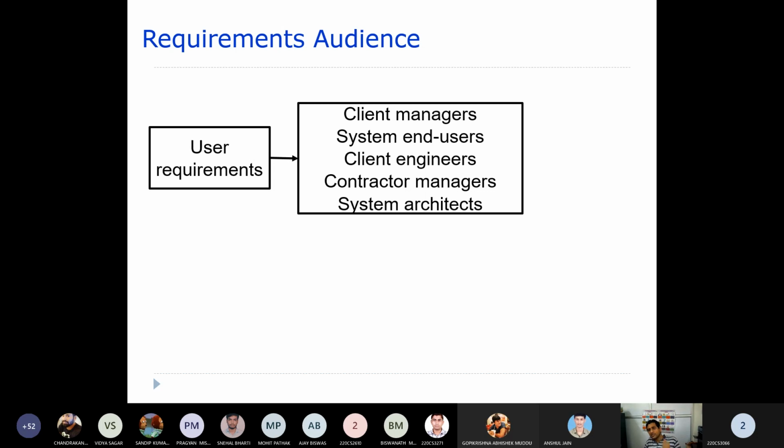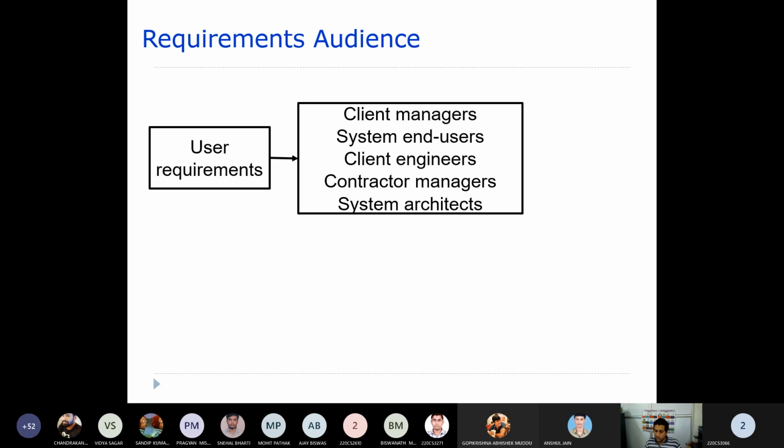System end users, because they are the ones who are going to use that software. Also the client engineers who are involved in this project from the client side, not from the development side. And contract managers as well as system architects. These are the various people.